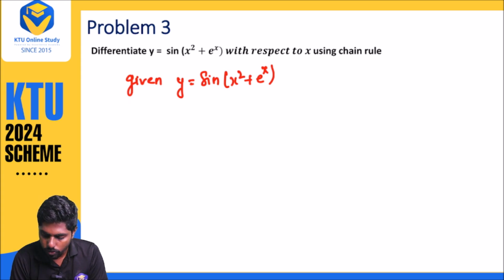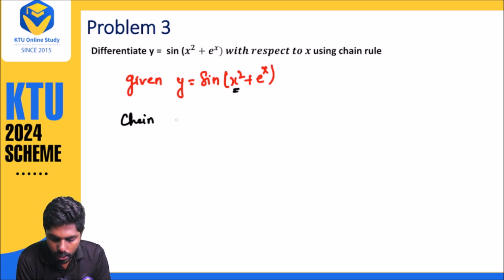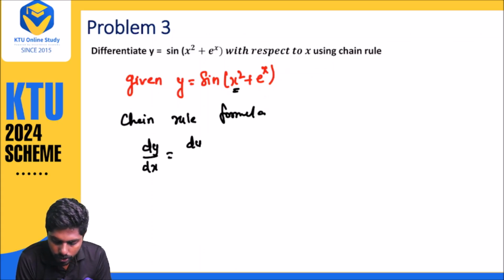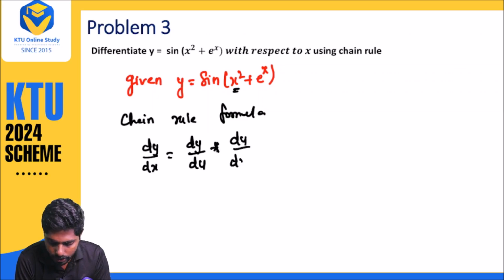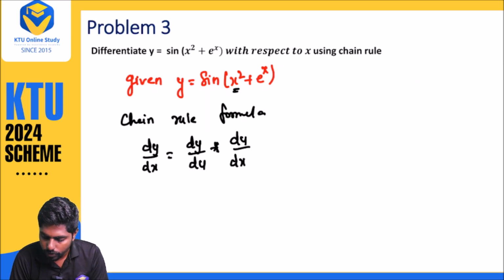So what is the chain rule formula? Here it is with respect to x, so our chain rule formula is dy/dx is equal to dy/du into du/dx. What do we want to identify?